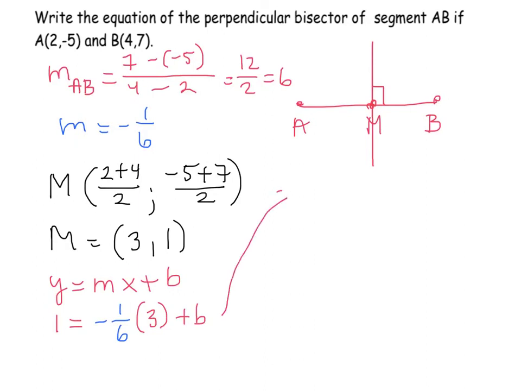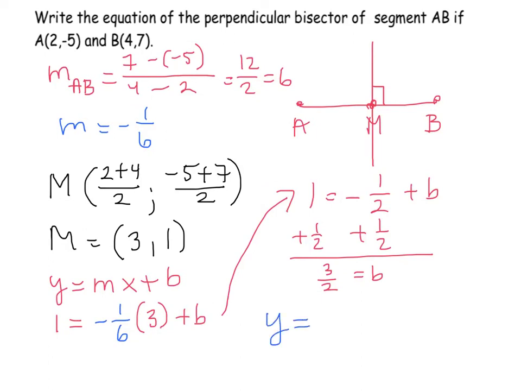So it's 1 equals negative 1/2 plus b. And if I add 1/2 to both sides, I get b equals 3/2. Now I have my y-intercept and I have my slope. So my final task is to write the equation of the perpendicular bisector, which will be y equals negative 1/6 x plus 3/2.